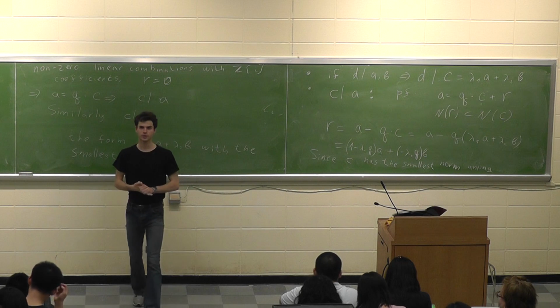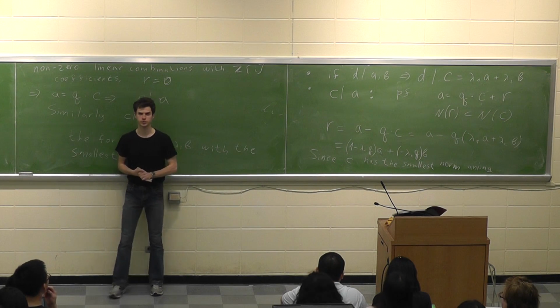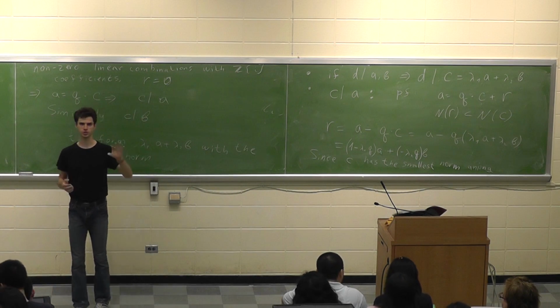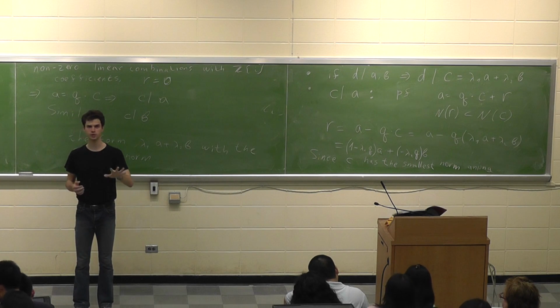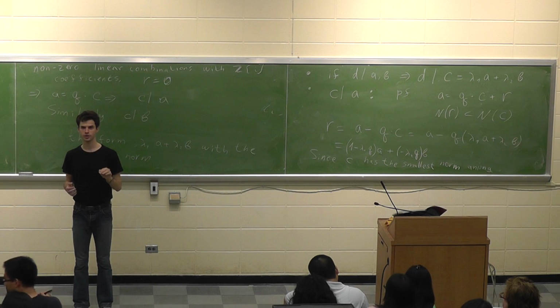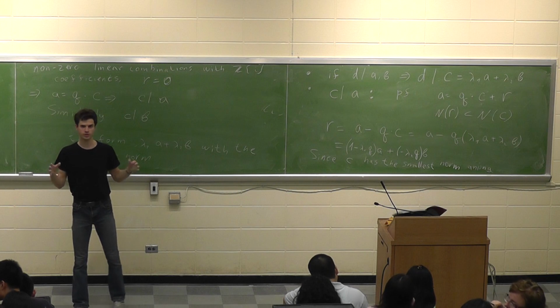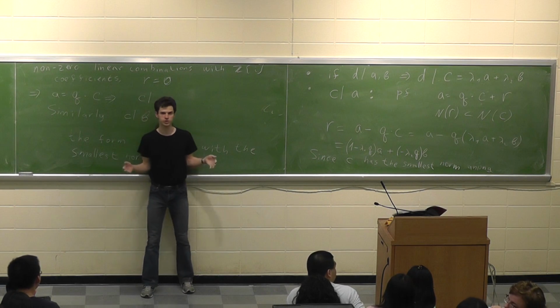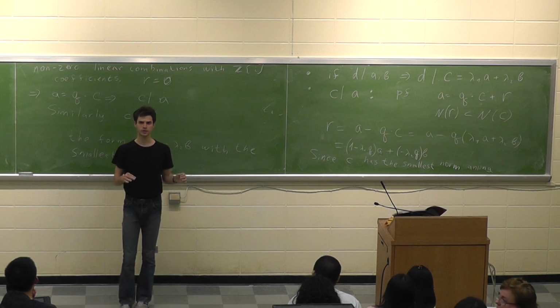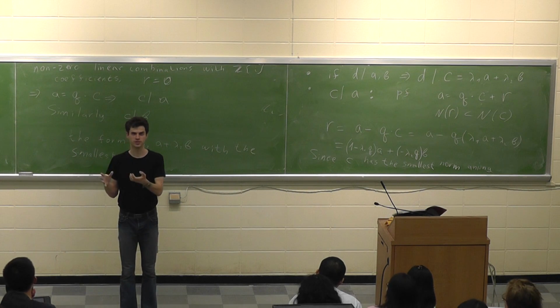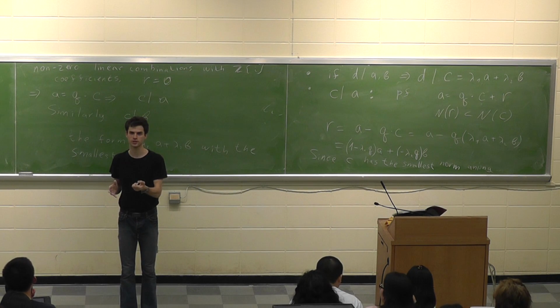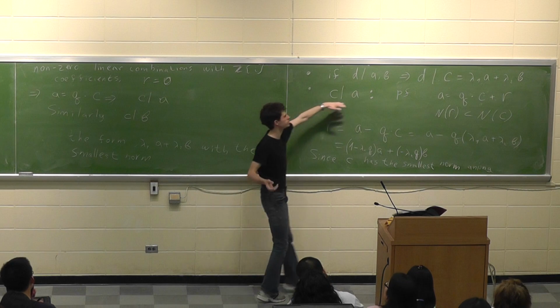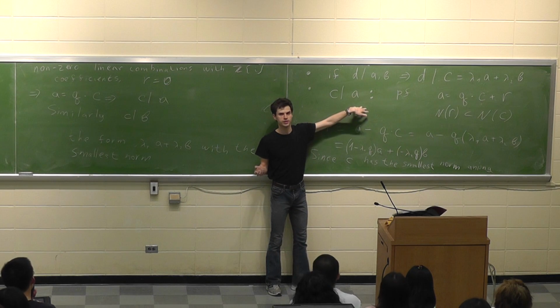So once again, we take all possible numbers of the form some Gaussian integer times A plus some other Gaussian integer times B. Among all these numbers, there are some numbers which are equal to 0, we forget about them. Among the other ones, we find some number whose norm is the smallest. I claim that this number is automatically a divisor of A. Why?